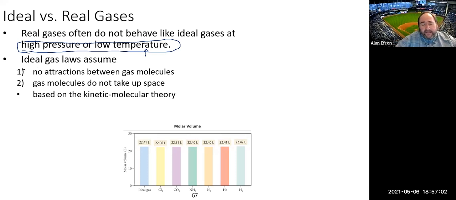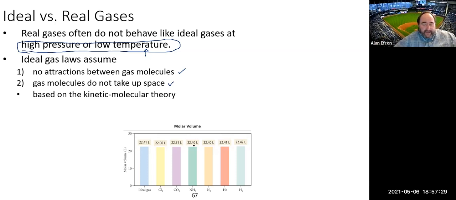If you remember, what makes something an ideal gas is that there are no attractive or repulsive forces between gas molecules, but also that they don't take up any space. They have basically a negligible volume. And under these conditions of high pressure and low temperature, we don't really witness that happening.